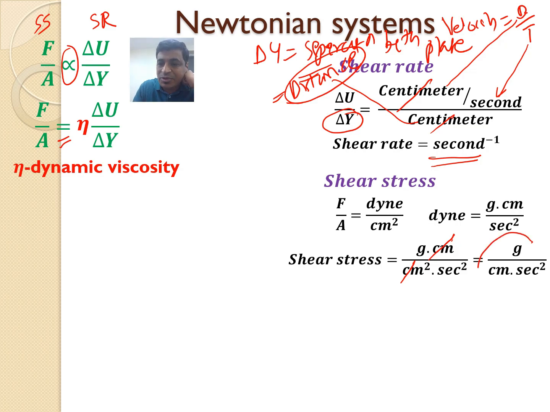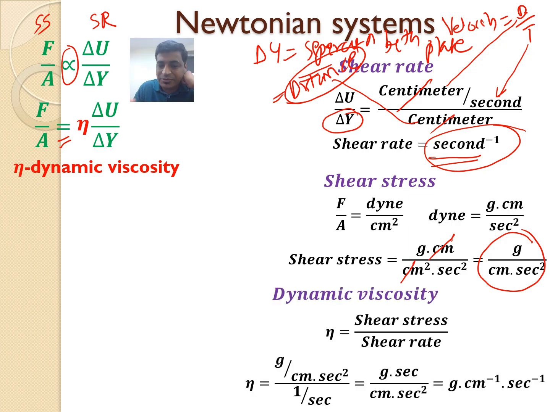So let's plug this one and this one into our viscosity formula. Shearing stress divided by shearing rate: gram divided by centimeter times second square, divided by 1 over second. So that second and 1 second will be gone, and we will come up with these final units: gram times centimeter inverse times second inverse. So this is really the full form, and we want some abbreviation, isn't it?